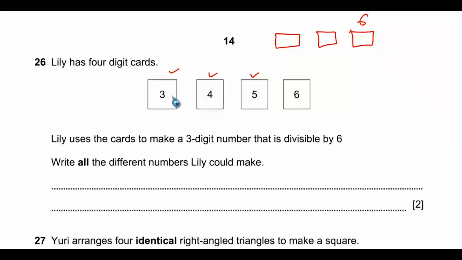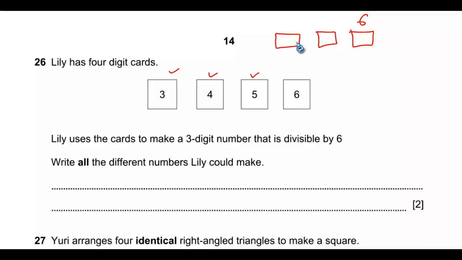Let's see. If I pick 3 and 4, 3 and 4 add up to 7. 7 add 6, that will be 13. So that means 3 and 4 cannot be here, whether you start with 3 or 4. The digits formed from this combination will not be divisible by 3.